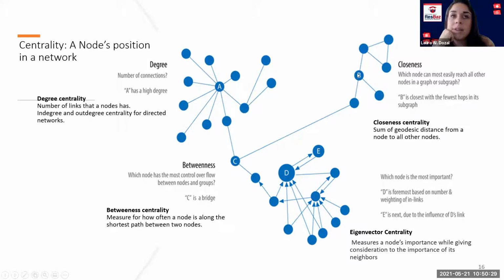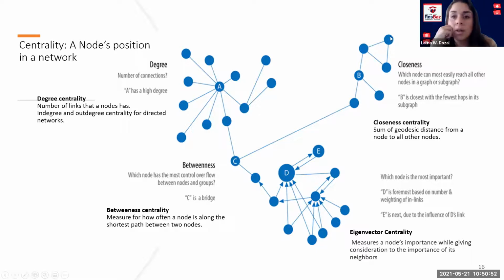And this is kind of like the great connector for these 3 guys to the rest of the network. And so B is the closest node to all other nodes, with the least amount of steps between.